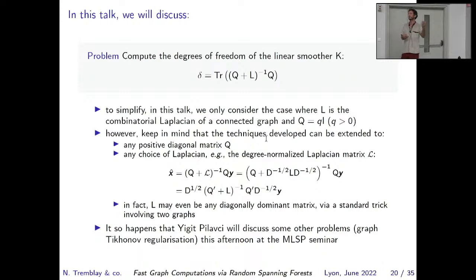This is one other type of Laplacian for which it works as well. And even more generally, you want to compute this thing here, it works even if L is a diagonally dominant matrix. Okay, it doesn't have to be a Laplacian of a graph. You take any diagonally dominant matrix, and what I'm going to talk about will still function.